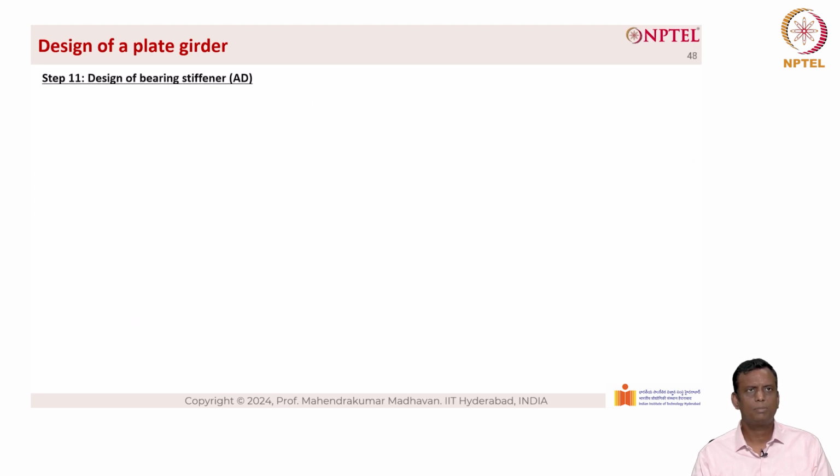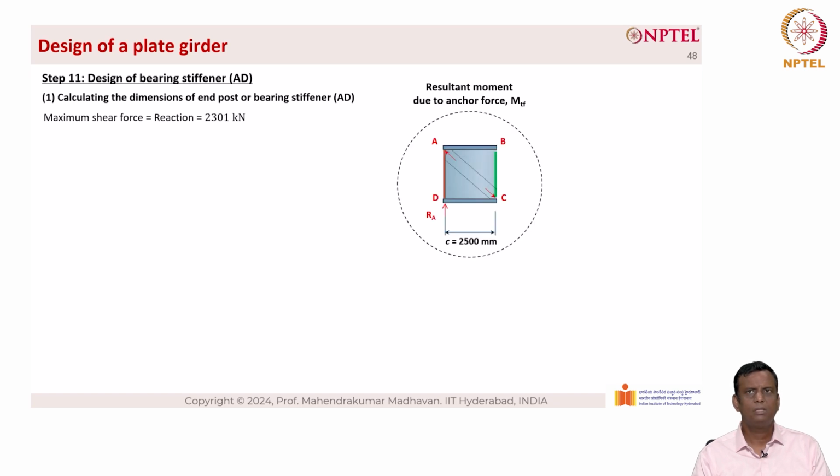Now let's go to step 11, which is the design of bearing stiffener AD. Calculating the dimensions of end post or bearing stiffener AD, maximum shear force is equal to the reaction, which is equal to 2301 kilonewton. In addition to 2301, we should also calculate the resultant moment due to anchorage force MTF. So the bearing stiffener should also resist an additional compressive force because of the resultant moment MTF due to anchorage force.